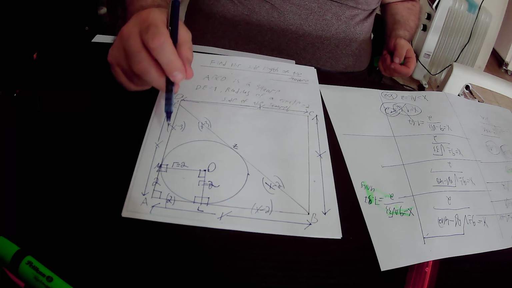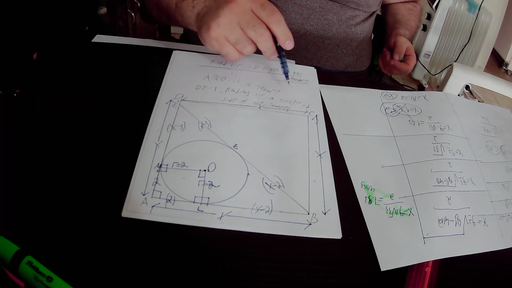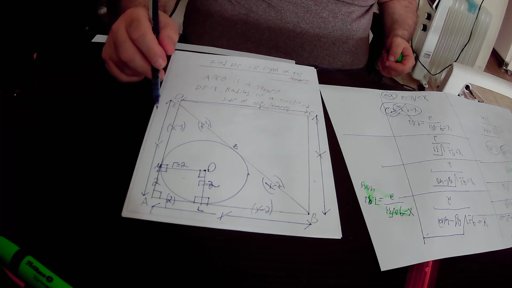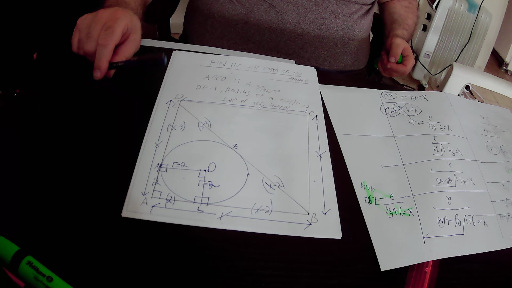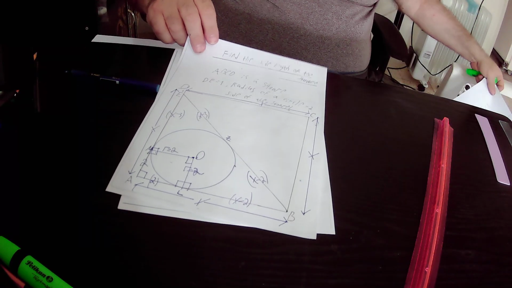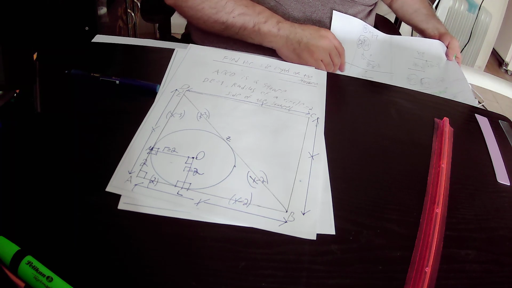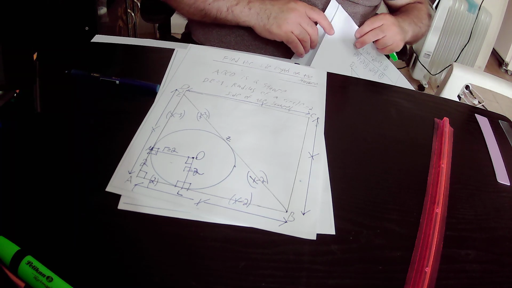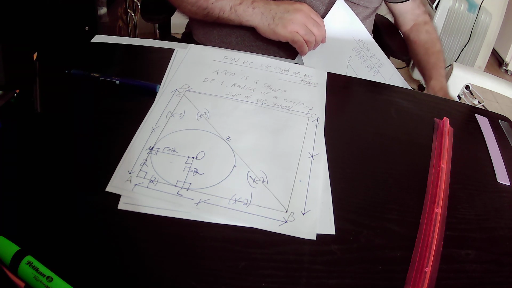That is to say, AD equals DC equals CB equals BA equals 7.37 units. Okay, we finish with the first question. In the next step, I will present to you the second question, and we'll solve it in two different methods.